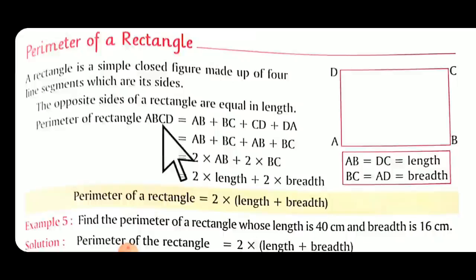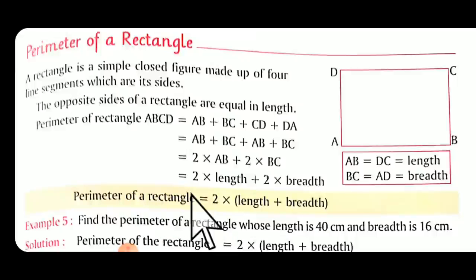Perimeter of a rectangle, 4 sides A, B, C, D. Either you can write AB plus BC plus AB plus BC, or 2 into AB plus 2 into BC. Why? Opposite sides are equal, so the same thing gets repeated. So, we are writing 2 into length plus 2 into breadth. See, this is length and this is breadth.